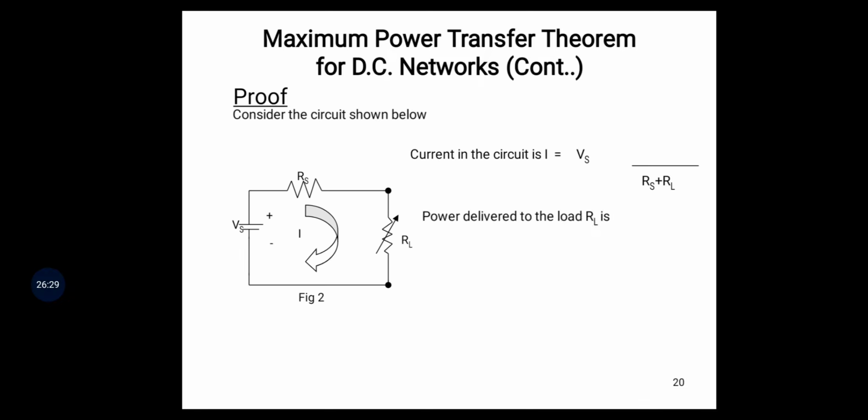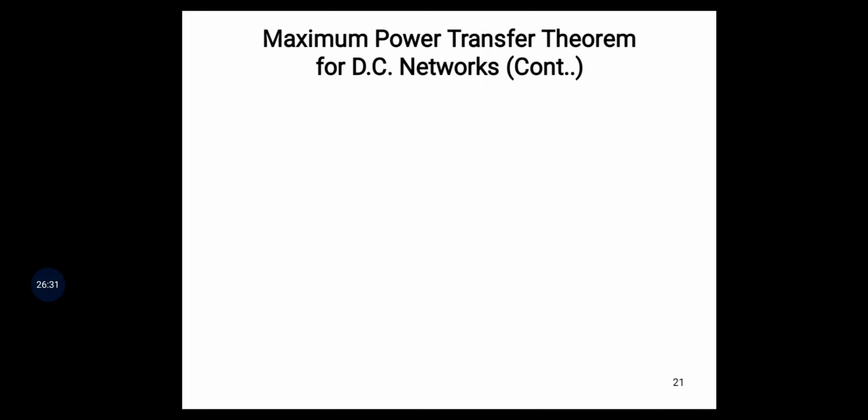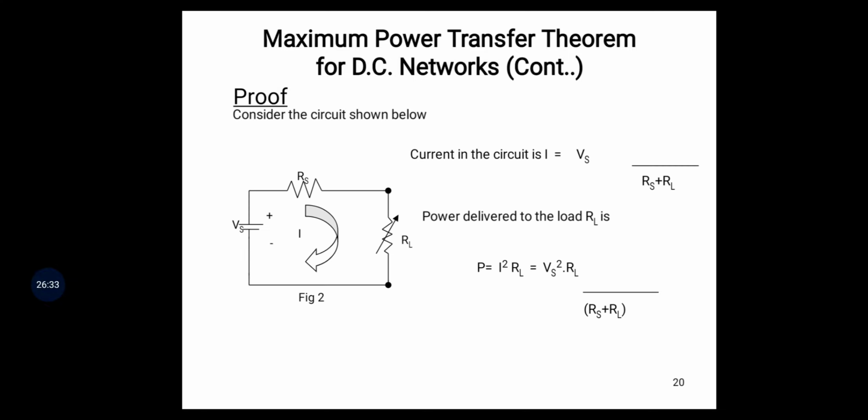Here is the proof for RL equal to Rs, that is, source resistance equal to load resistance. Take a simple circuit with voltage source Vs, internal resistance of the source Rs, and load RL. What is the condition required for maximum power delivered to the load?